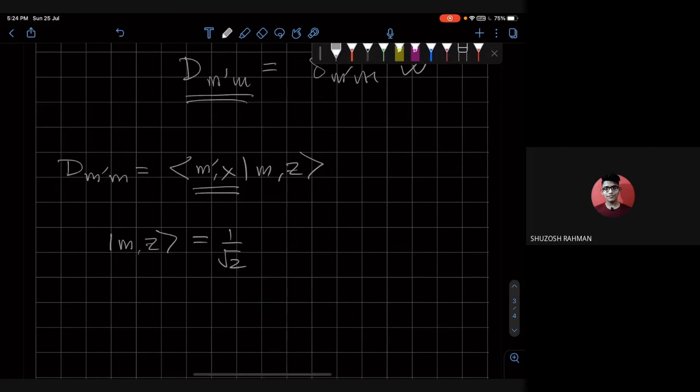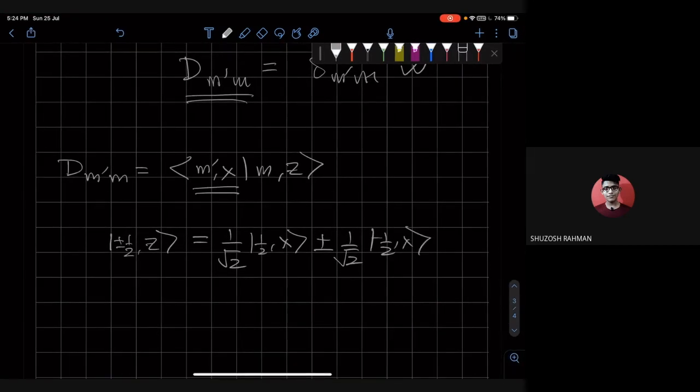We know that's given by M, depending on the value of M. M can be plus half or minus half, right? So this is going to be half of X plus or minus 1 over square root of 2 times minus half of X, right?